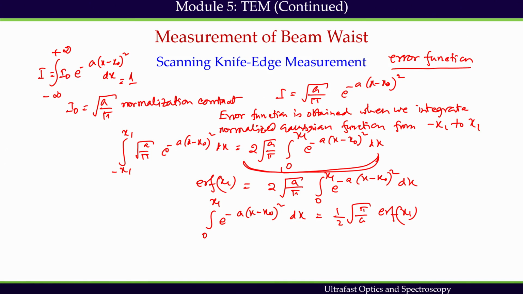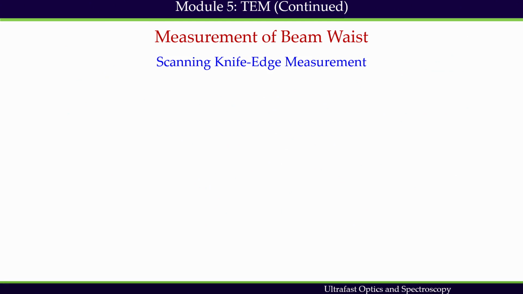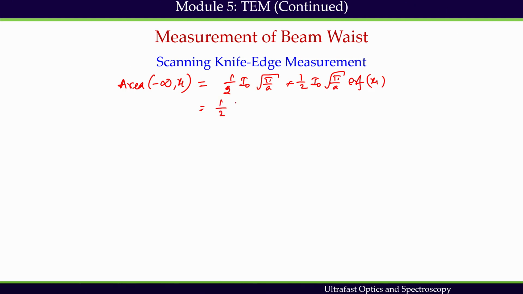So given this fact, finally we get the area which we are interested in, minus infinity to x1, which is half I naught square root of pi by a plus half I naught square root of pi by a error function of x1, which is nothing but half I naught pi by a times 1 plus error function of x1.